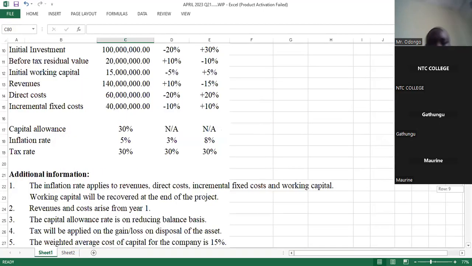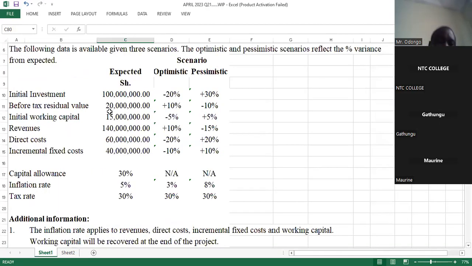So under the expected, the residual value was an amount of 20 million. For the optimistic, we are told that the change we expect is plus 10%. Plus 10% means that we increase the 20 million by 10%.